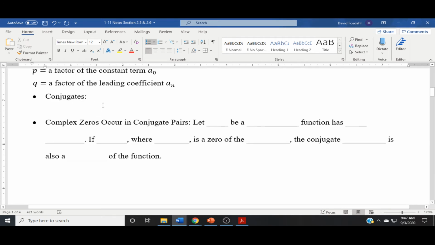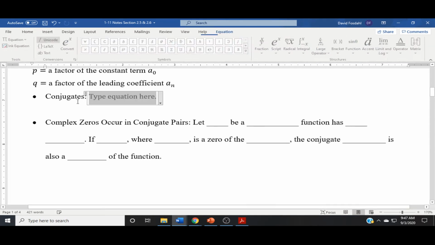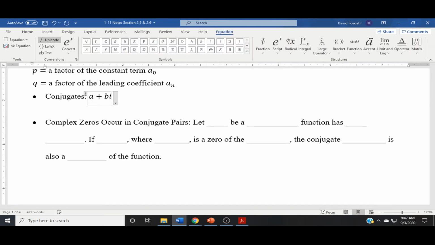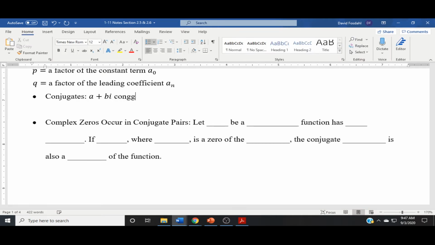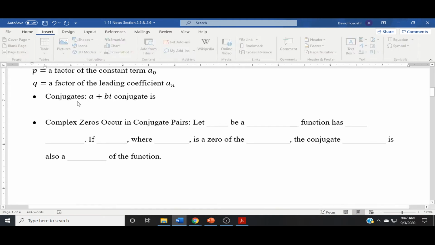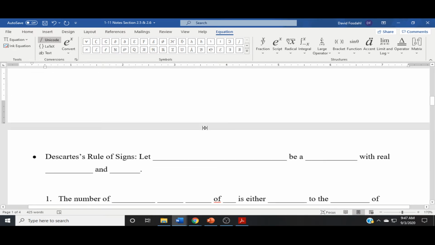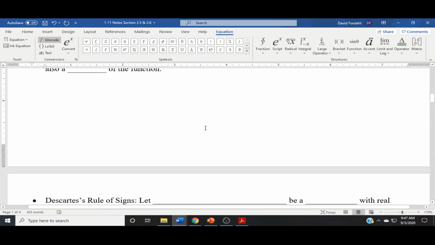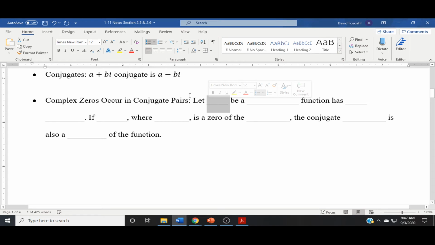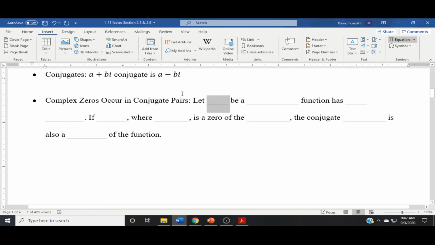Conjugates, remember, this is just really simply put. This is if we have a plus bi, the conjugate is a minus bi. Okay, let's look at this definition. We got 2 more minutes, so let's go through this pretty quick.